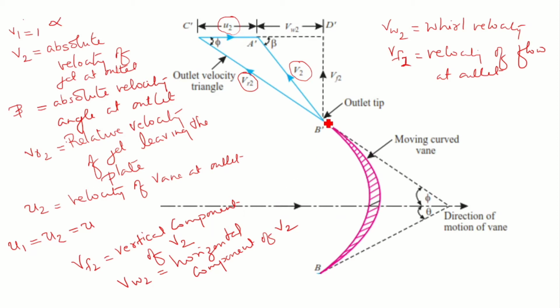In the figure, B dash C dash represents VR2, C dash A dash represents U2, B dash D dash represents Vf2, B dash A dash represents the absolute velocity V2, and A dash D dash represents Vw2, the whirl velocity at outlet.